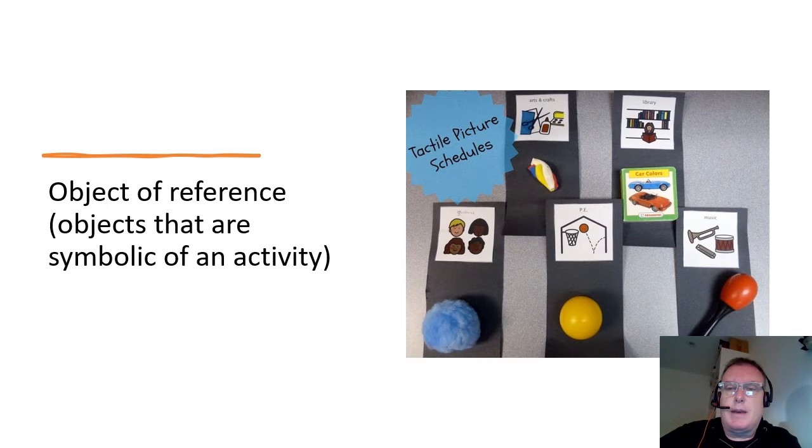The idea being that gives a lot of information in terms of what that child is going to expect from going into that room or that box or that zone in the classroom. And again, it's a way of sharing information quickly without needing to use lots of speech.